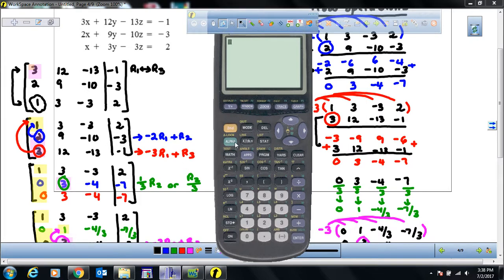Now you're going to go to second matrix again. Now, in order for you to solve the system with Gauss Jordan elimination in the calculator, you're going to go to the math column. After you edited your matrix in edit, now you're going to go to the math, and you're going to go all the way down until you get to the RREF. Now, that RREF stands for reduced row echelon form.